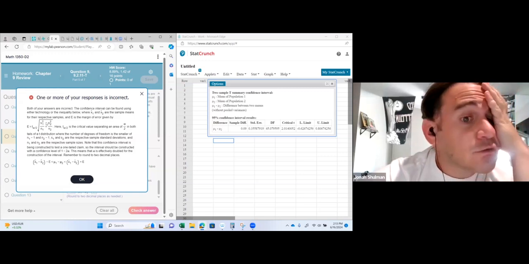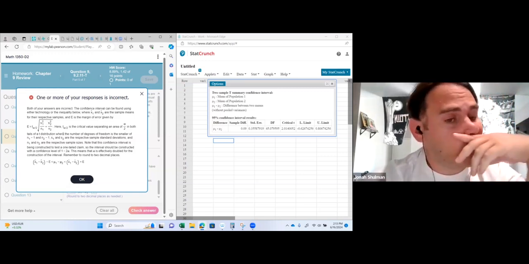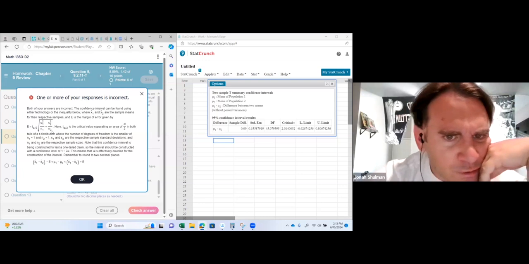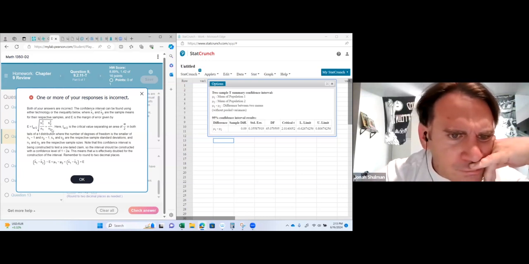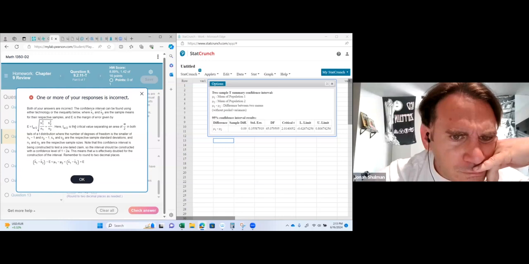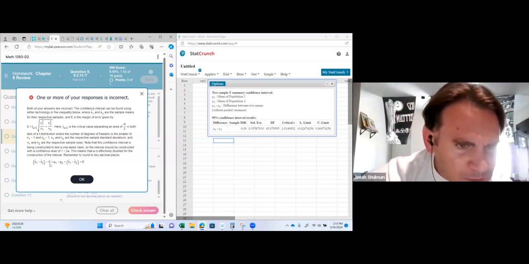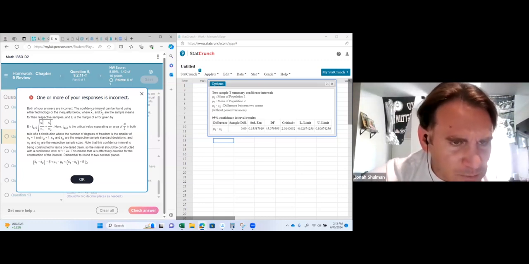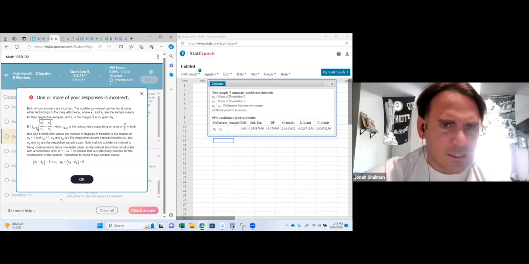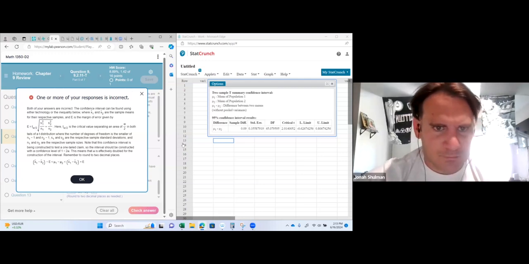Okay, so I have to do the variance over one plus the variance over the other. The difference in the sample means minus E, and the difference in the sample means plus E. To get E, I need my t statistic that I already have.